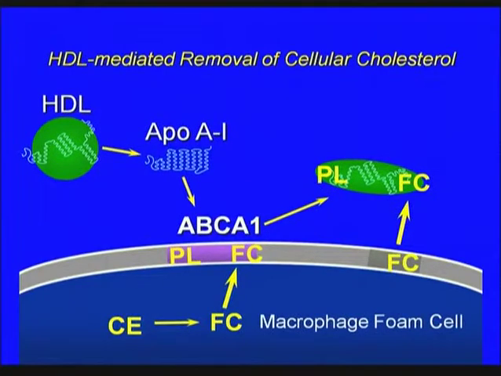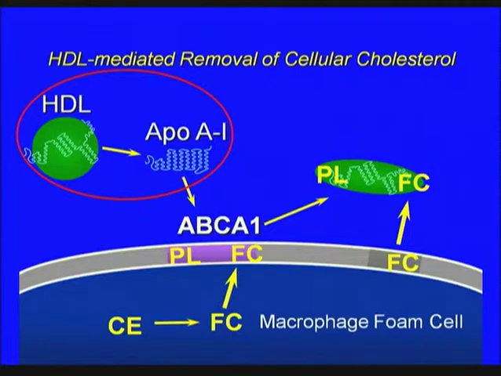So this is a simplified view of how HDL removes cholesterol from macrophages. The pathway starts with the release of lipid-free ApoA1, the major HDL protein, from HDL. Most ApoA1 in the circulation is associated with HDL, this lipid protein complex. But it turns out that that complex will not remove cholesterol from cells by this pathway. Instead, the ApoA1 has to come off of the HDL particle.